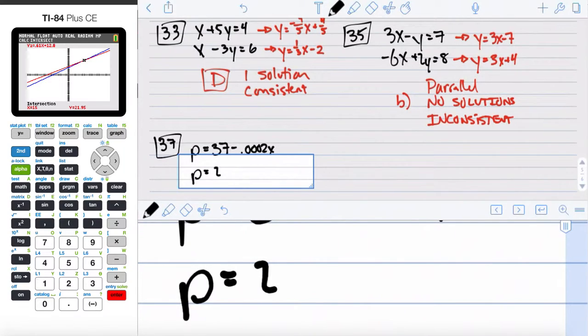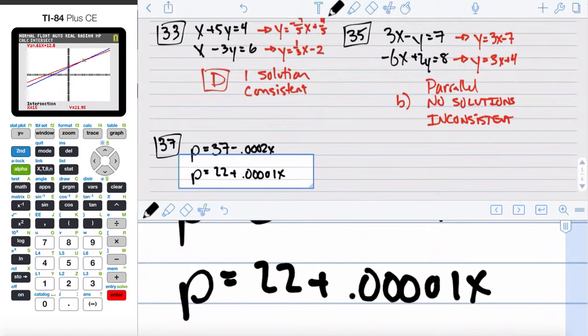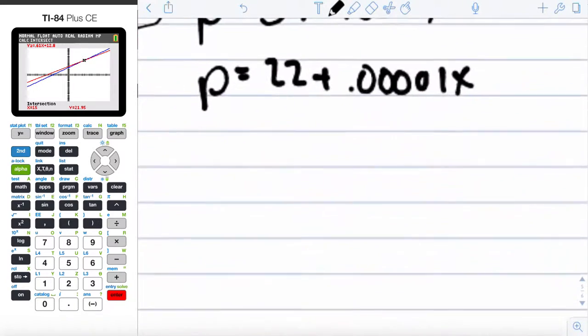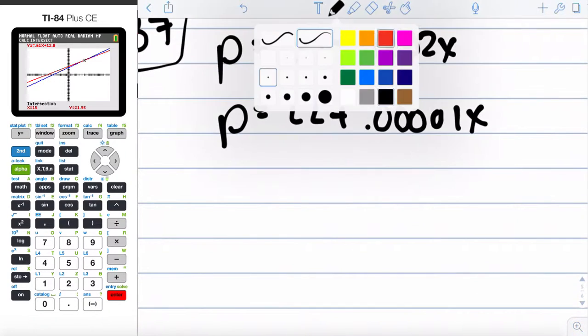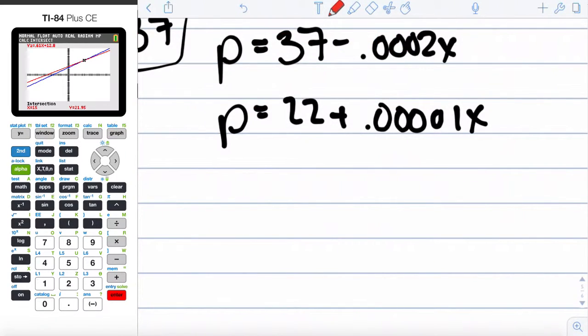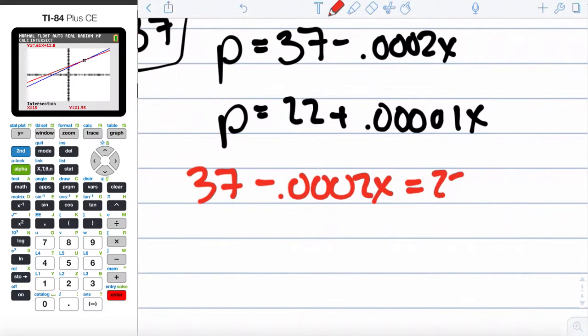We want to know the supply equation and a demand equation. So to figure out the equilibrium point, we set them equal to each other. So that's what I'll do. I get 37 minus 0.0002x is equal to 22 plus 0.00001x.